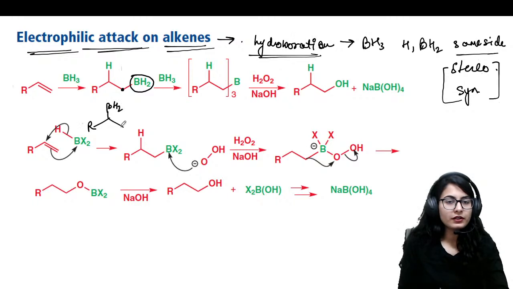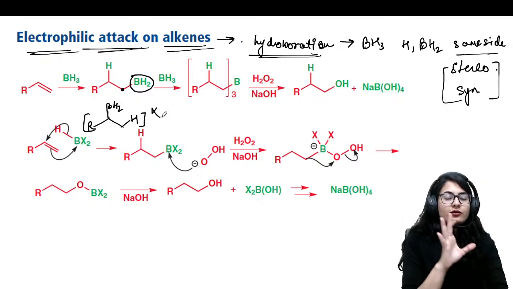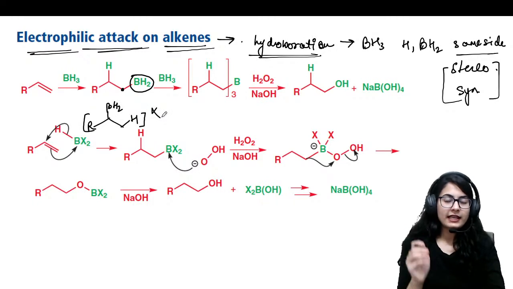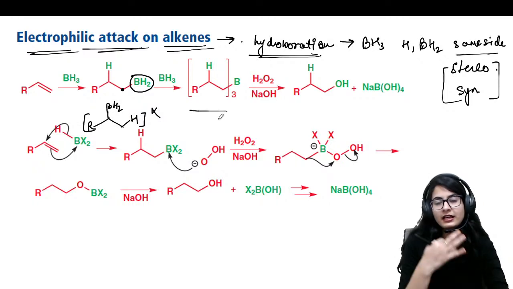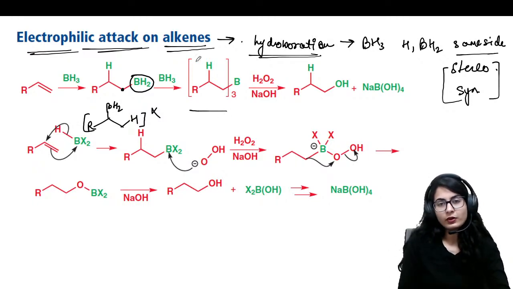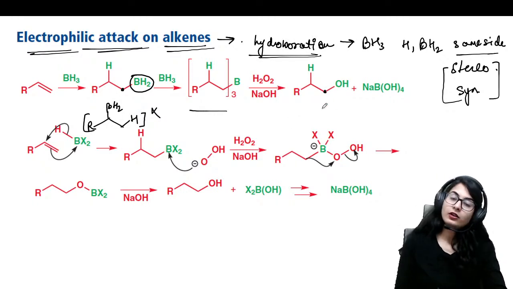BH2 did not go over here and hydrogen over here, because it's not possible. BH2 will always go on the less hindered side. And this is the same thing that it does 3 times to give you a trialkyl borane. And बाद में इसका oxidation करके you are going to get the same product. कौन सा alcohol है? 1 degree alcohol.